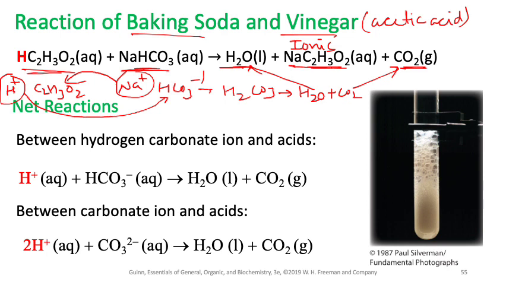That's why when a proton reacts with sodium bicarbonate or a bicarbonate, you always produce carbonic acid. But because of the instability of this compound, you get a final product of water and carbon dioxide along with the ionic compound.